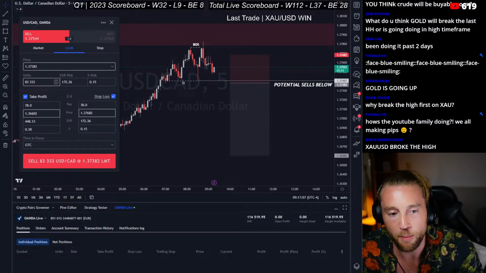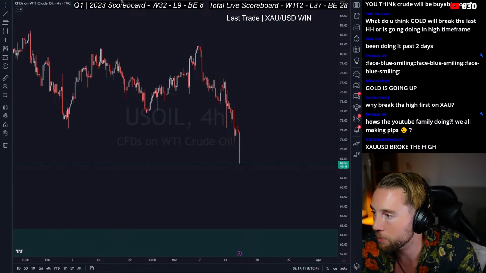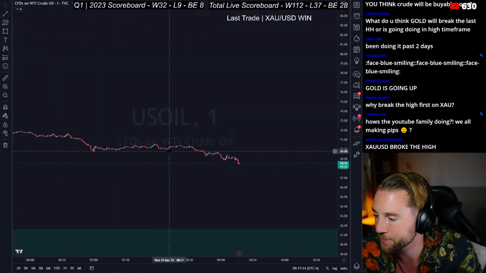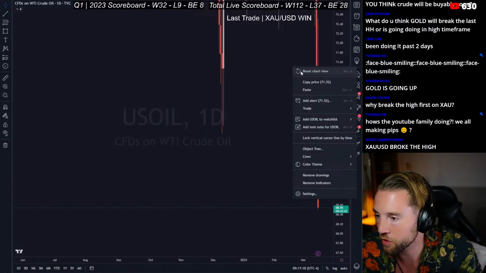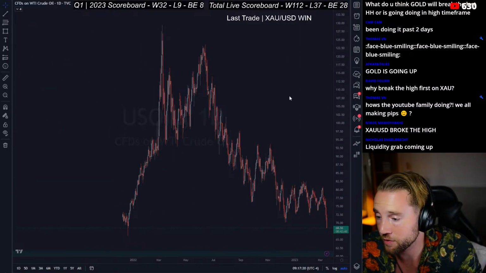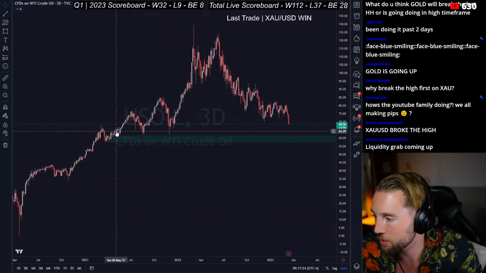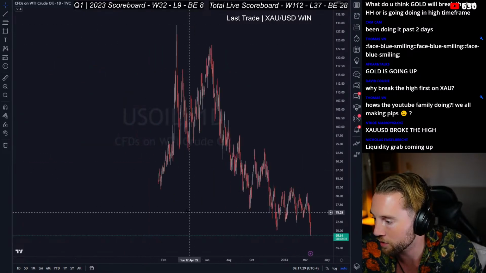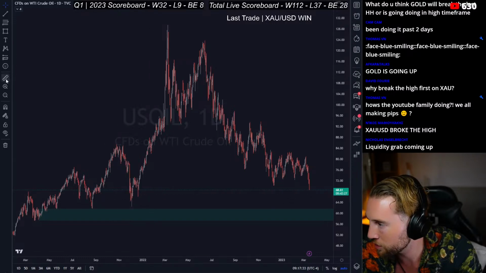You think Crude will be buyable soon? If we see some bullish momentum here on crude oil, but for now it's a falling knife here. I would look at the daily chart first of all right now, maybe even higher, and start looking at the next potential setup or a potential zone where you can bounce from. Well, we bounced from that zone. We got rejected by it. The next zone is right underneath.